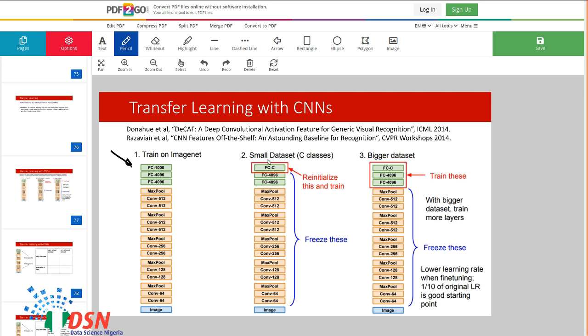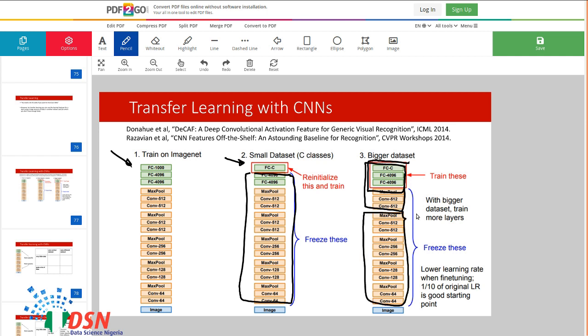Then when you have a small data set, you freeze all of these weights in your pre-trained network and just retrain and fine-tune the last layer if you have a very small data set. If you have a bigger data set, you could retrain a larger number of layers and freeze these layers, and let them act as a feature extractor for your network.